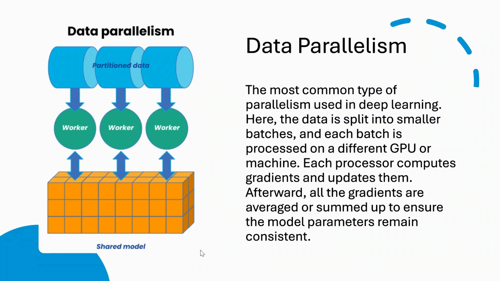So the batches are always changing. When the batches are changing, we need to shift these batches to different worker nodes, to different machines, to different GPUs, or maybe to different models. So when they are shifting, we need a shared memory architecture so they are accessible to every other worker node.